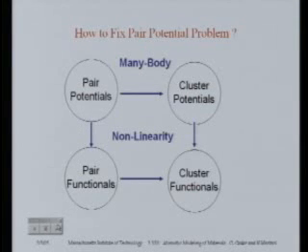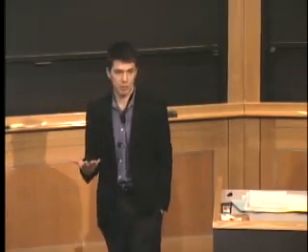Okay, so how do you fix the problem? If you look at the literature of empirical models, there are essentially two avenues to go. You can either make what's called cluster potentials. If you don't like a two-body potential, you can make a three-body potential.